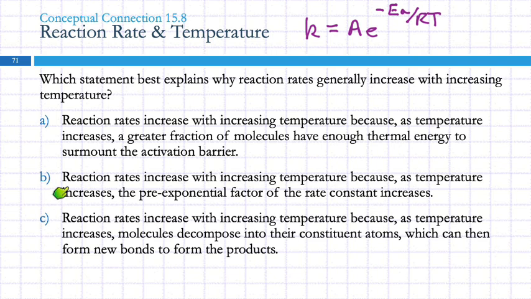So choice B is saying that the reaction rate is going to increase because this factor gets bigger when you increase the temperature. Does this change with temperature? No. Does this one change with temperature? Yeah, there's a T in here. So B is not correct.